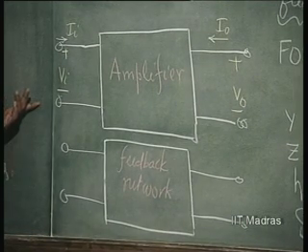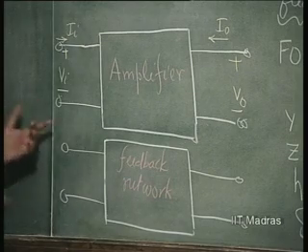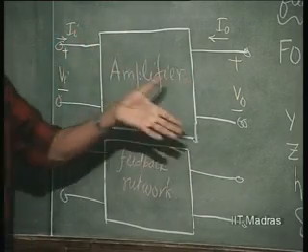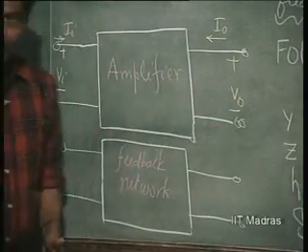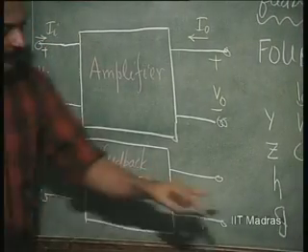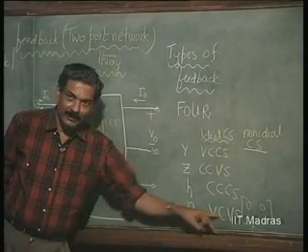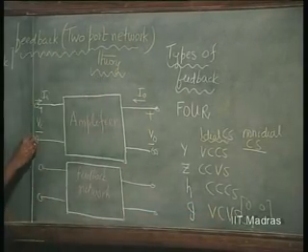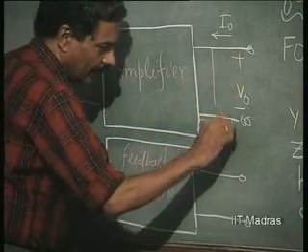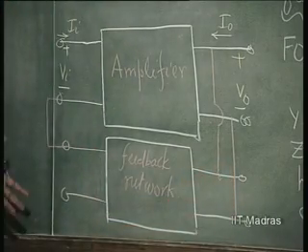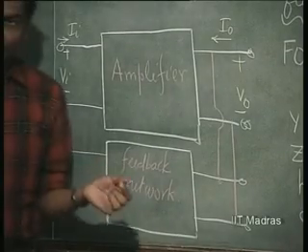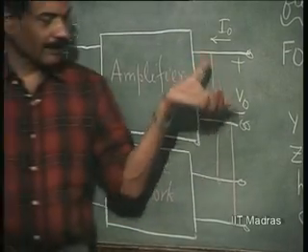What is happening at the output? At the output, it is going to be again a voltage source. That means output impedance should come down, input impedance should go up. That is what this says. So, it should be in series at the input and in shunt at the output. So, in order to realize a voltage controlled voltage source, the input impedance should go up and output impedance should come down.